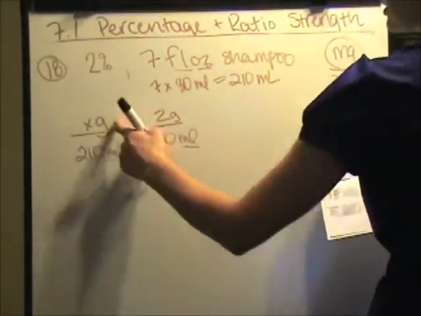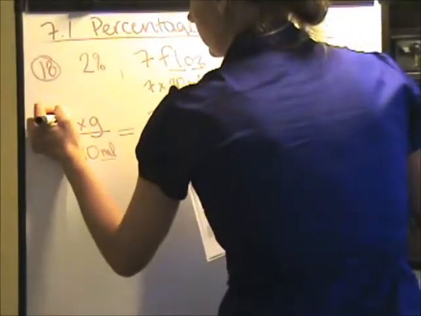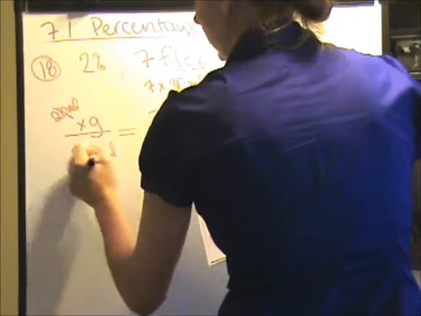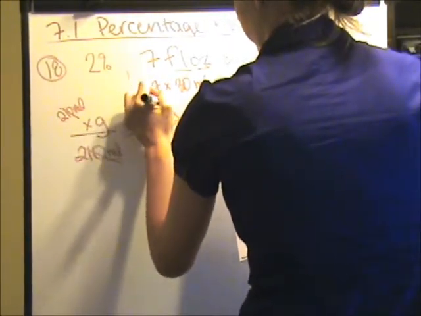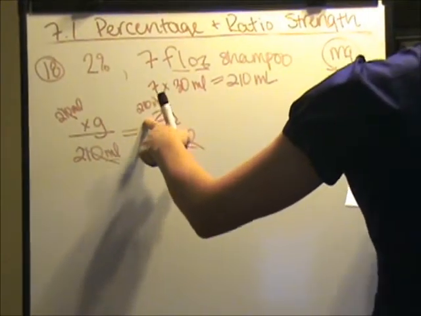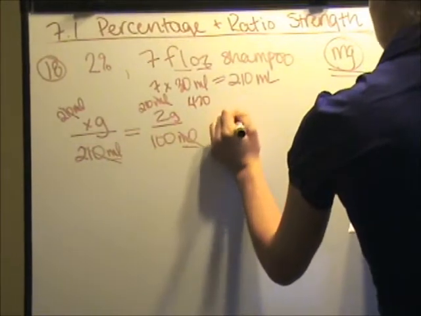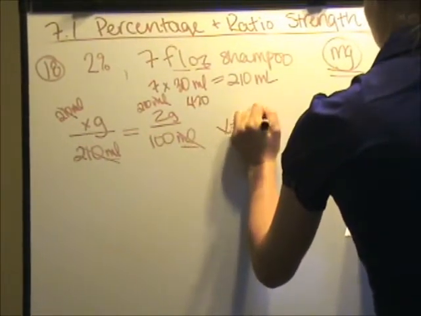We have to have the same units of measure. So now we have our proportion set up. We can solve for X. 210 ml. The milliliters will cancel. 210 times 2, 420 divided by 100, and X is going to equal 4.2 grams.